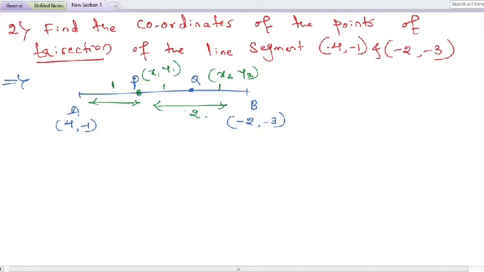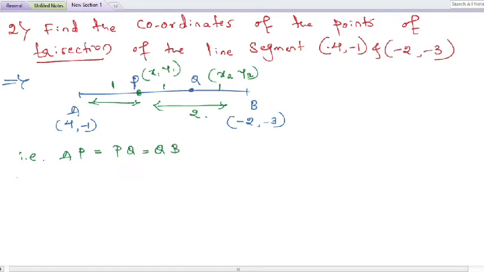So, what will we get? 1:2 ratio. So, therefore, let P of x1 y1 and Q of x2 y2 be the points of the trisection. So, the condition is what? Trisection means all equal parts. Here AP is equal to PQ is equal to QB.